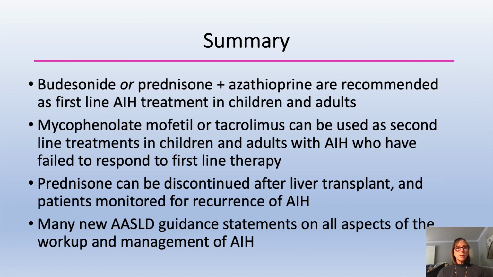Prednisone can be discontinued after liver transplant and patients monitored for recurrence of autoimmune hepatitis. And finally, the Autoimmune Hepatitis Guidelines document also contains multiple guidance statements on all aspects of the workup and management of autoimmune hepatitis.